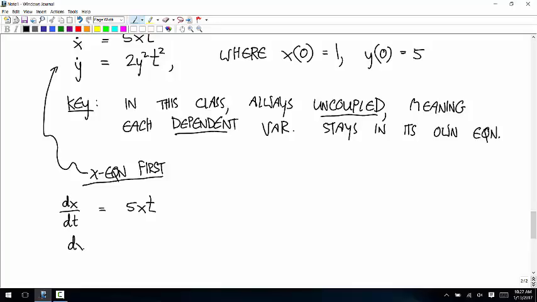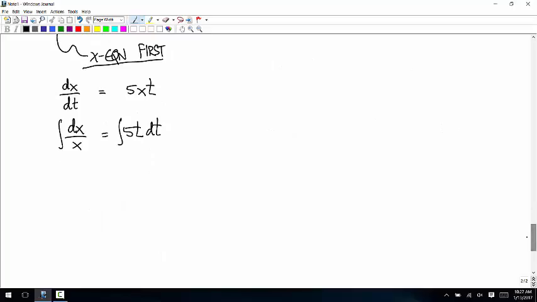So dx over x is equal to 5t dt, and we'll integrate both sides. We get that natural log of the absolute value of x is equal to 5/2 t squared plus, I'll call that, C1.